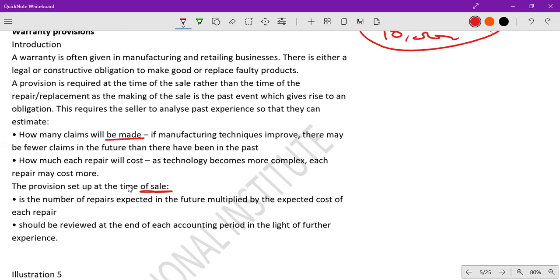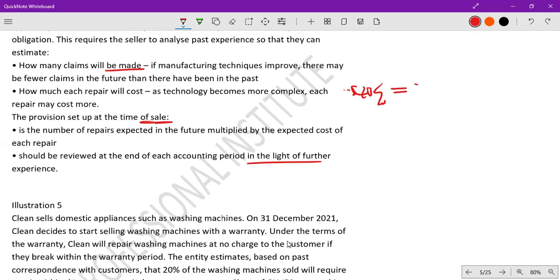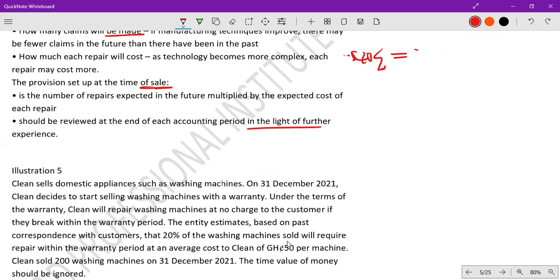So if the probability is 40% that it will happen, and the total cost is this, it is the percentage times the cost, just as we did with the previous one. And at the end of each reporting period, you need to review this estimate, whether some conditions have changed.